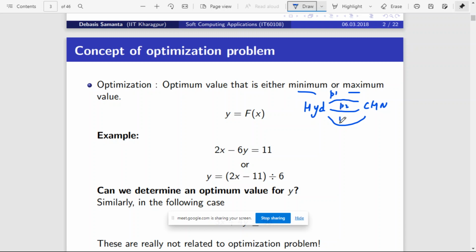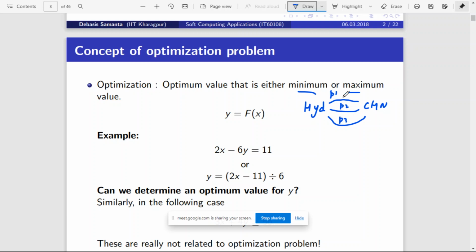Then generally we choose the path which is shorter, or the path which can be reached in short duration. Sometimes this path may be long but it may be an expressway, so you can travel very quickly. This path may be short, but it may go through different cities and towns, so it may take more time.